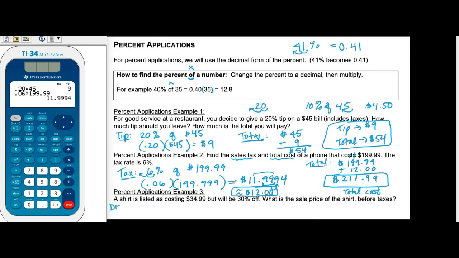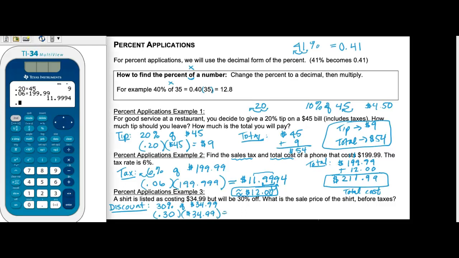So if I want to find the discount, my first step, very similar to the last 2, I'm going to find my discount by taking 30% of $34.99. Of means times, so I just take my 30% and I write that as a decimal, which is 0.30, and I multiply that by $34.99.